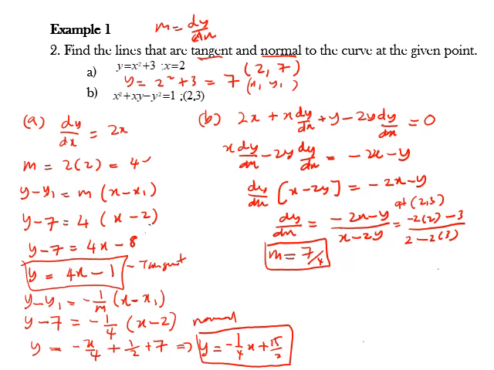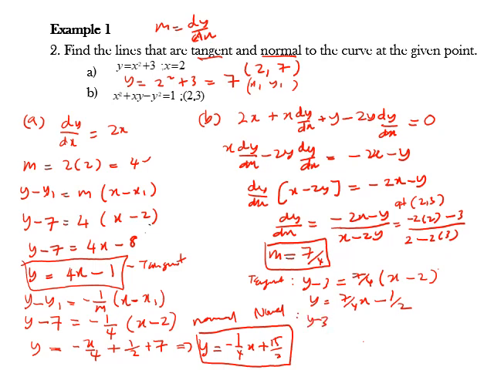Okay, so to get your tangent, it will be y minus 3 equals 7 over 4 times x minus 2. So your y is equal to 7 over 4 x minus 1 over 2.